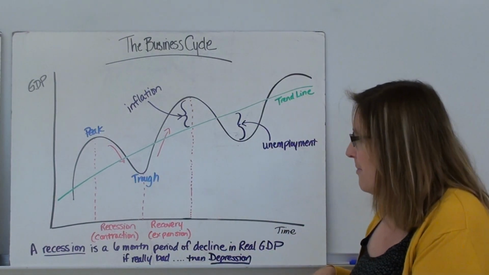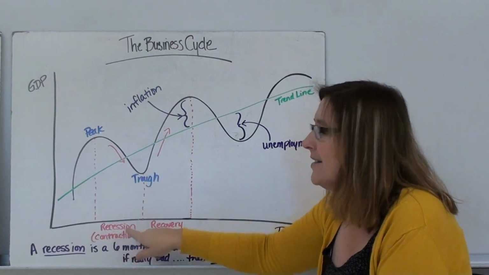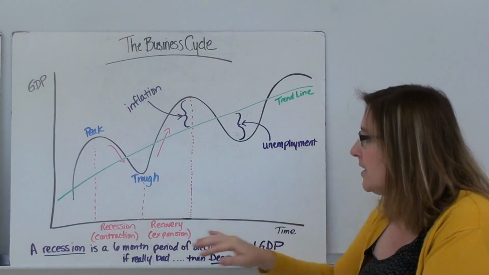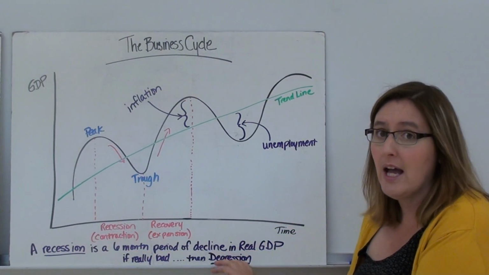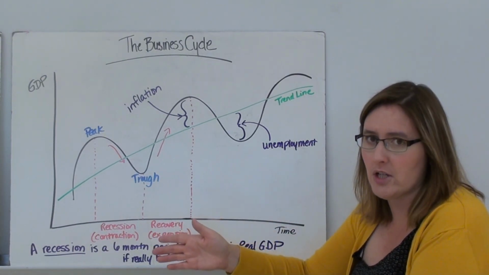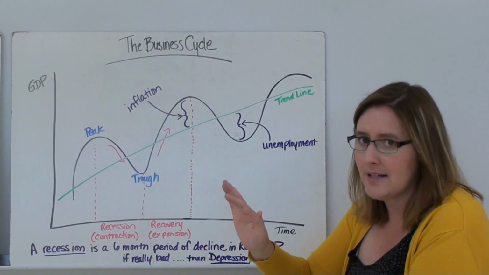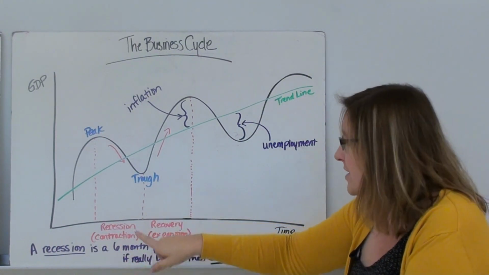And then when we are going down from a peak to a trough, that is called recession. And just to be clear, recession is a 6-month period of decline in real GDP. It has to be 2 quarters worth of time in order for it to be called recession. If we just go down for a month, it doesn't count. But if we go down for 6 months or more, then we call that a recession.